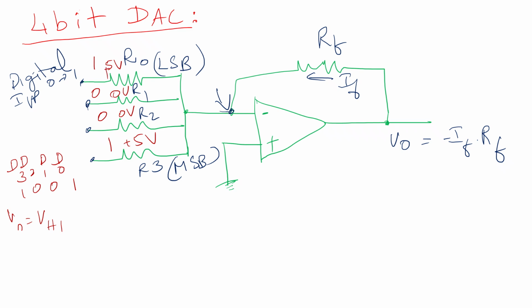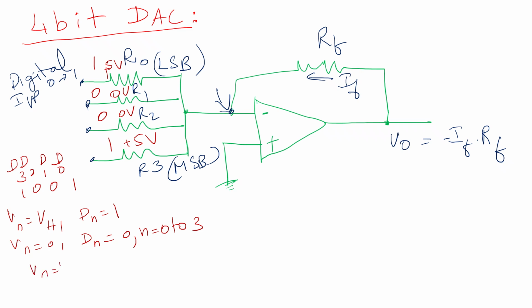The digital input Dn is equal to 1 when Vn is 5 volts, or when Vn is equal to 0, then Dn is equal to 0, for n equal to 0 to 3. These are the basic knowledge needed.